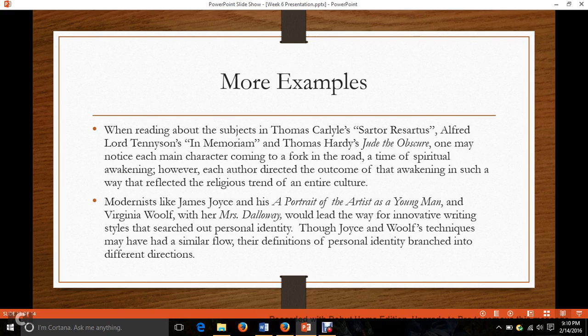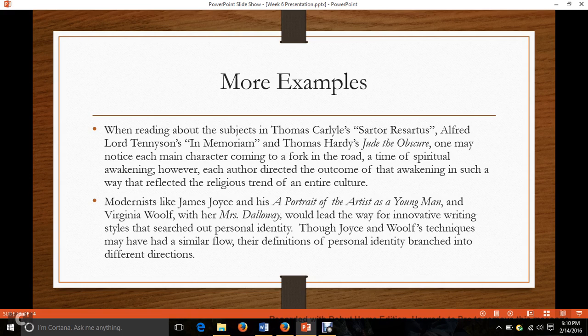So what's the point? I'm going to compare and contrast these three works based on the main character's fork in a road, so you can clearly see that's what's going to be compared. And it's going to also show how these forks in a road reflect the religious trend of the time.